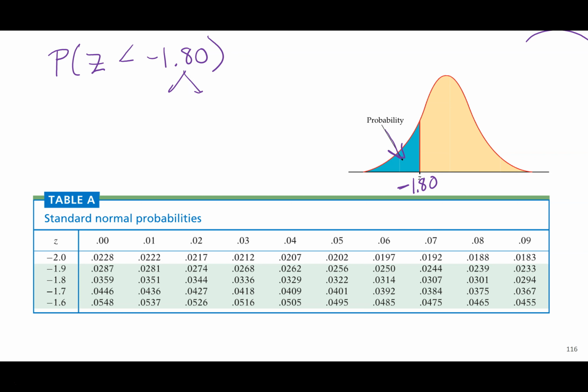And I can split this into negative 1.8 and 0.00. If you imagine they're the same sign and you combine them, you'll get back to negative 1.80. So 0, negative 1.8. So the probability that I randomly select a car and it's going less than 40 miles per hour, that happens about 0.0359 or about 3.59% of the time.